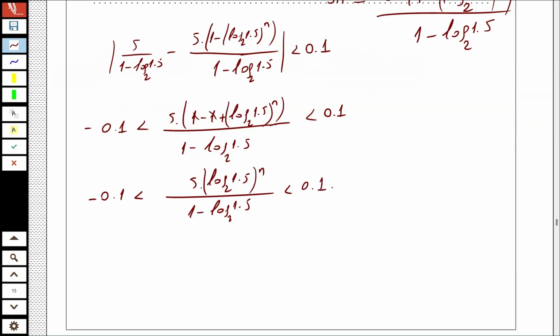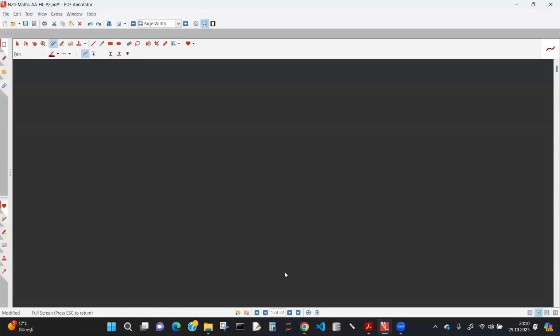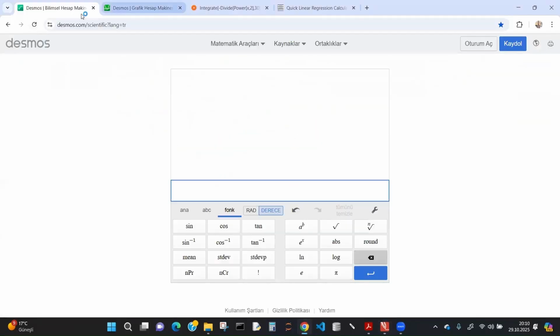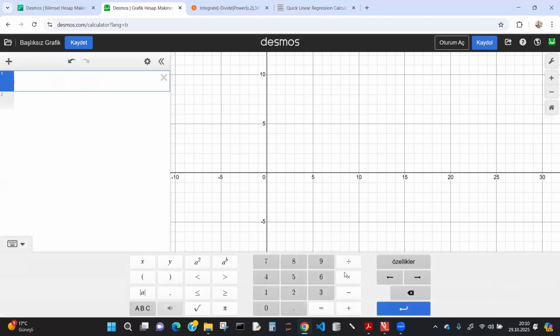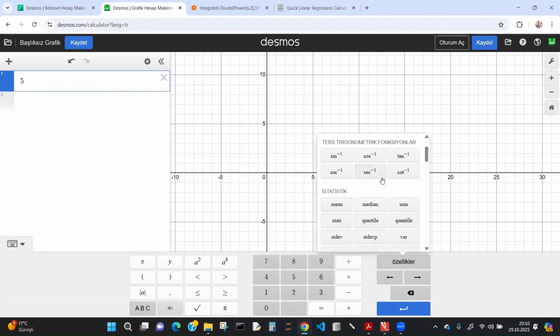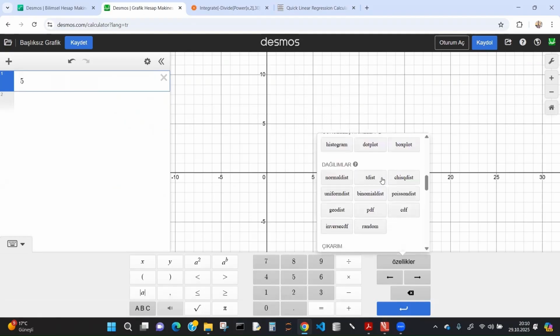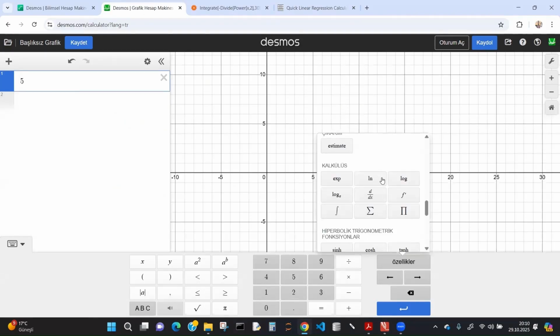And let's graph this. To write a logarithm in the calculator, you're not allowed to write a base except 10.